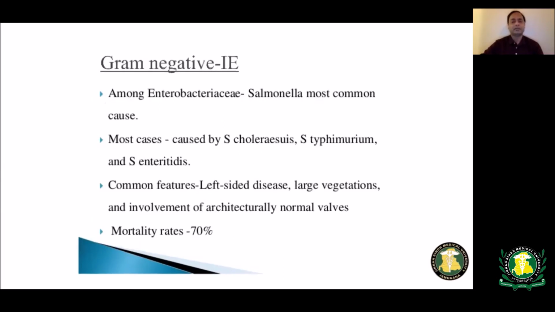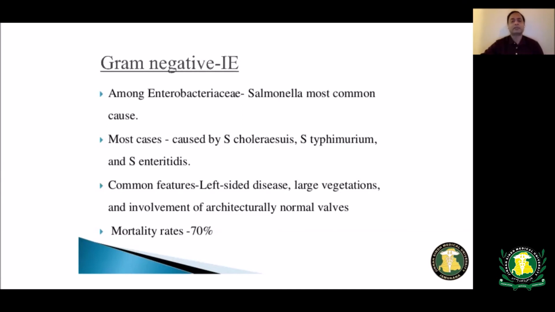Gram-negative endocarditis usually happens in people who have either colon cancer or urinary tract infection. There are specific organisms, like Streptococcus bovis, and this will be a board question: the patient has Streptococcus bovis and infective endocarditis, and what kind of disease is the patient suffering from?